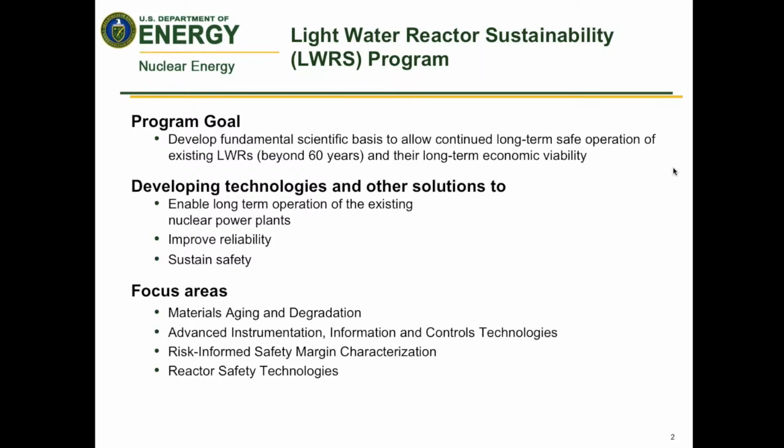The second is advanced instrumentation, information, and control technologies. The third is risk-informed safety margin characterization, and I'll talk about that one a little bit more later because that's the area that this IRP involves. And then finally, the reactor safety technologies, and I'll talk about each one of those a little bit more.